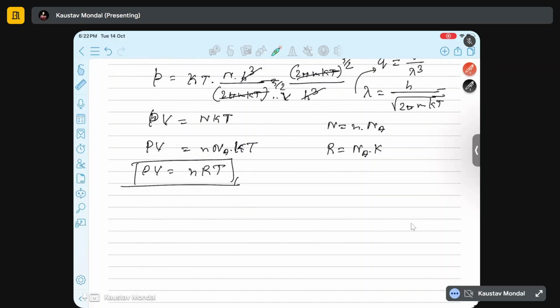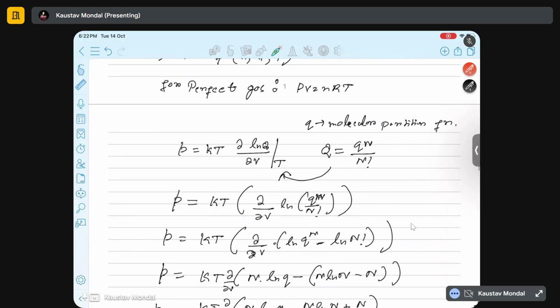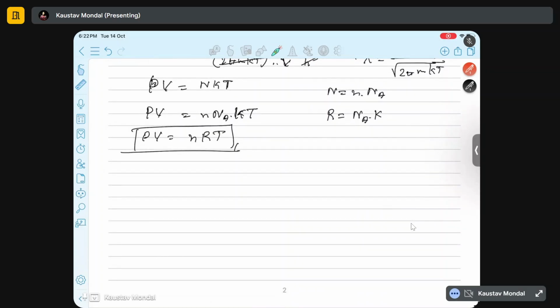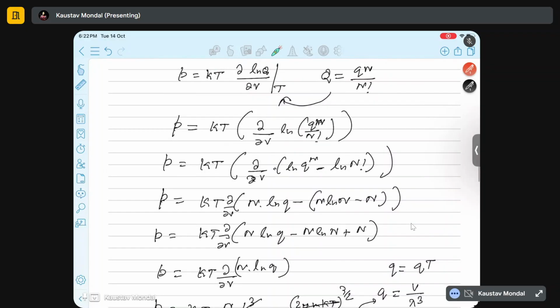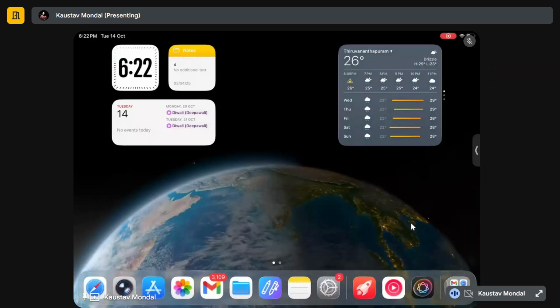So for the ideal case, for the perfect gas, we know there is no interaction involved, right? So gas molecules are moving very freely, so there is no interatomic potential. But for real gases, where we treat the gas molecules as having some kind of interaction between them, there should be an interatomic potential involved, unlike the ideal gases for which we have done the whole derivation right now.